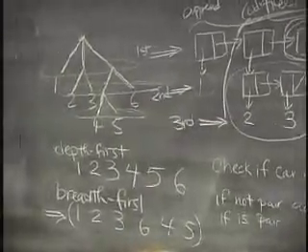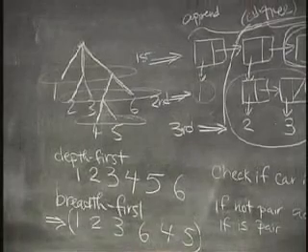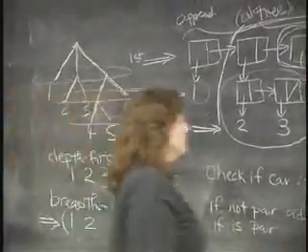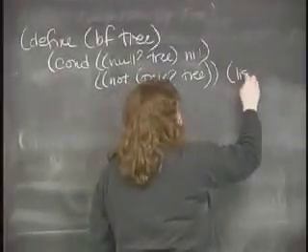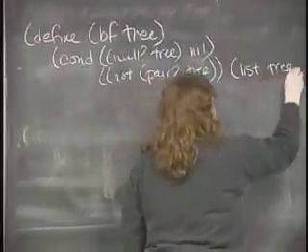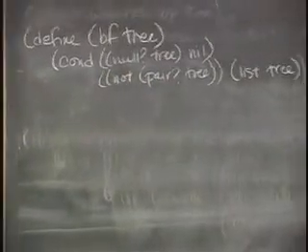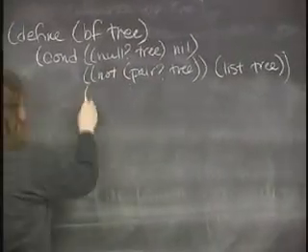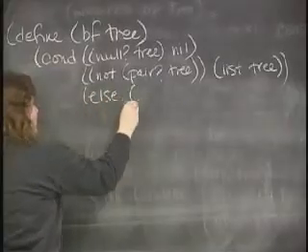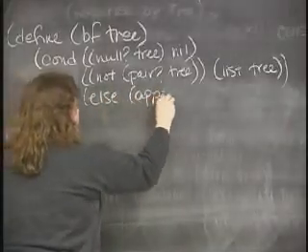We want to dump all that internal list structure. Make it all go away. So if we're going to be using append, then we want to return the list of our element. Else, we've just been saying we're going to use append.